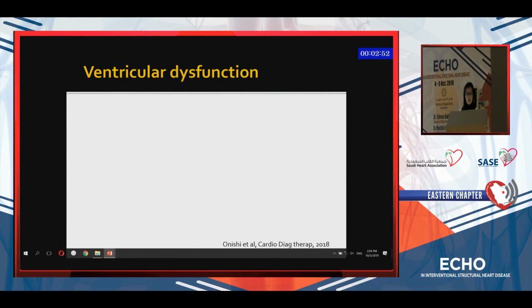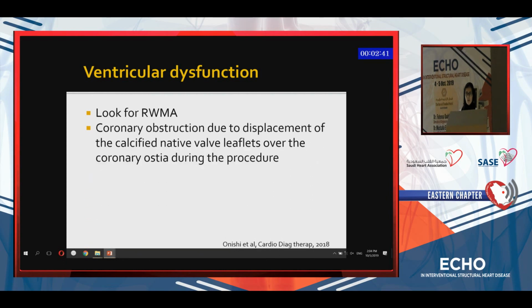As mentioned earlier, CT is now a more robust tool to predict the likelihood of developing coronary occlusion, but TEE can also provide real-time data during the procedure to look for regional wall motion abnormality that may result from obstruction of a coronary due to displacement of calcification in the coronary ostia.